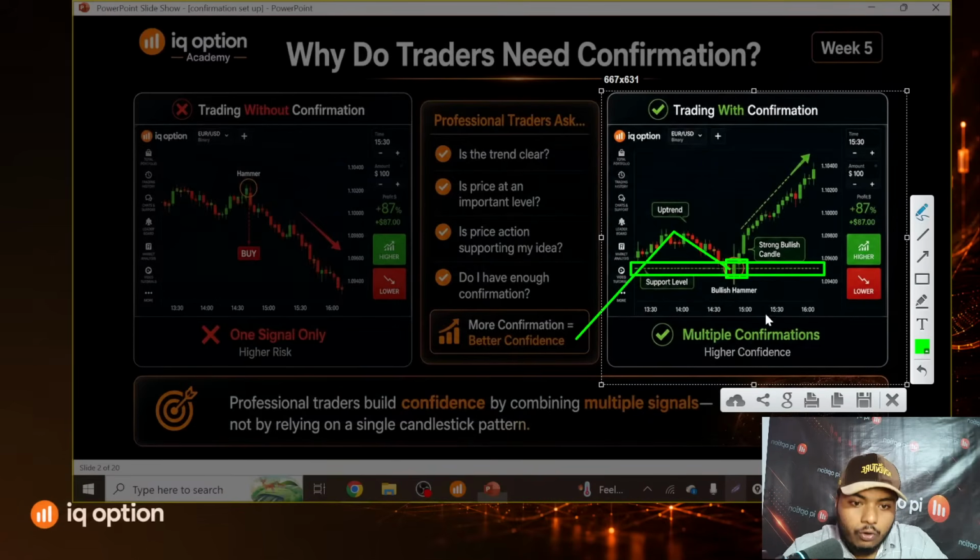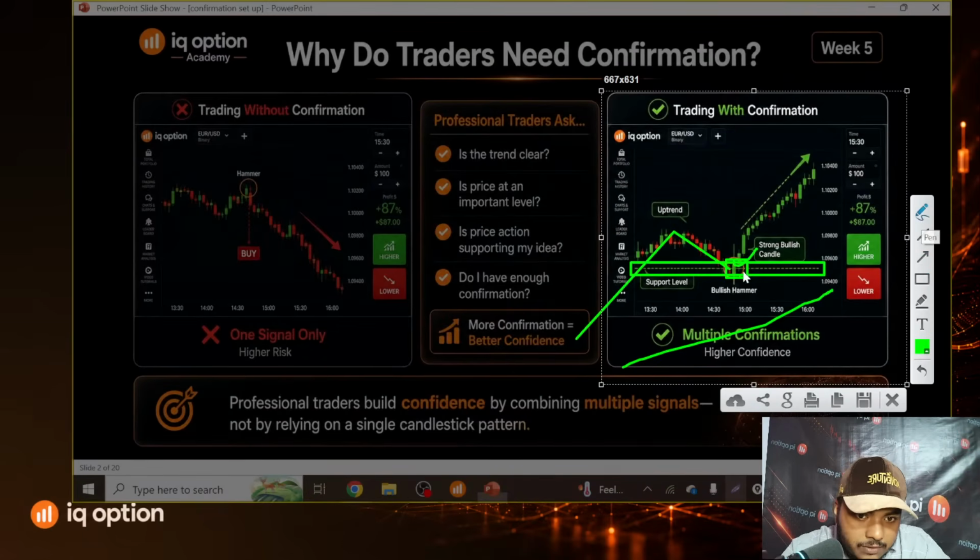Also, after getting this hammer candle, we just cannot execute a trade directly, right? In the future slides, I'm going to explain each and everything, so wait for this one. Just understand what this chart is actually telling us. This chart is telling us that in the uptrend we found all the confirmation based on the bullish bias, on the bullish powers.